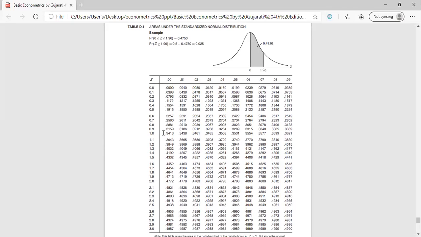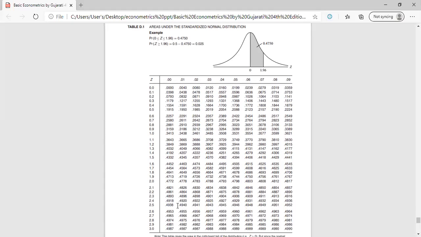So you add 0.00 with 2.5. That means you are looking at this point, this probability. What is the probability? 0.4938. Somebody write it down, please. I'll ask you later on.